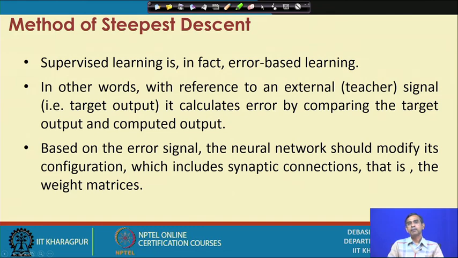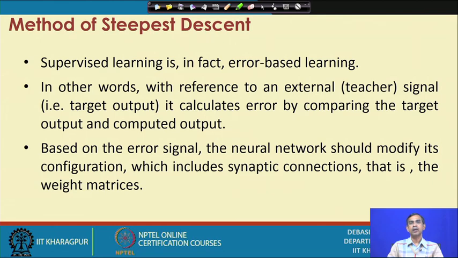Now, before discussing the back propagation algorithm, we have to learn what the steepest descent method is. Supervised learning is always error based learning, and so there is an error. I already told you the error is basically the difference between the target output, which is the true output, and the computed output, which is the output obtained from a given network.